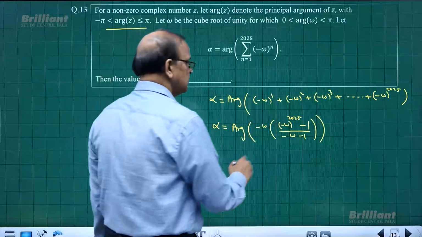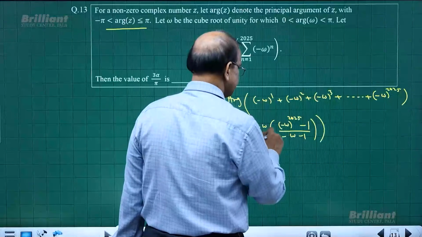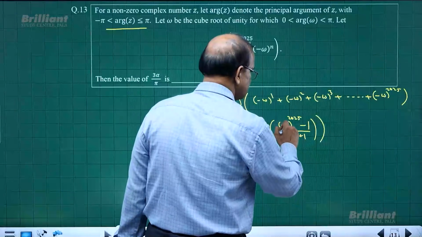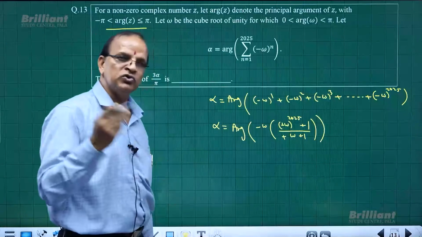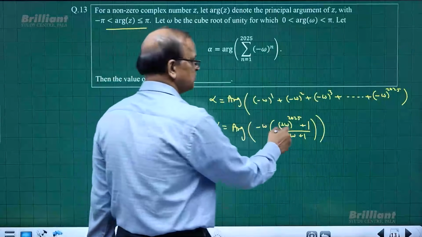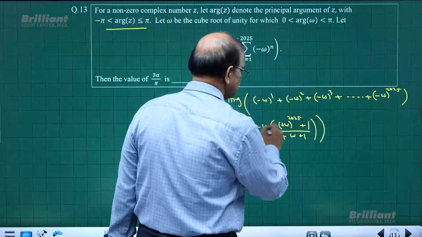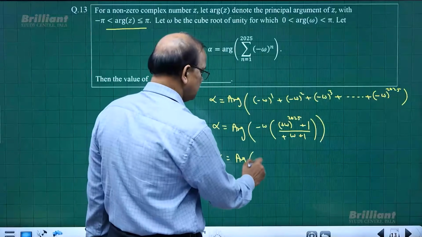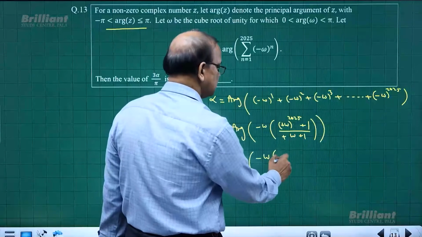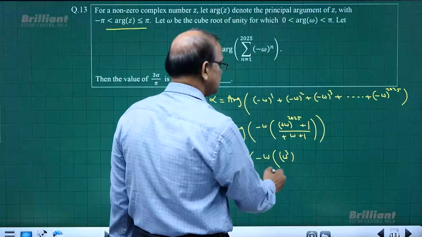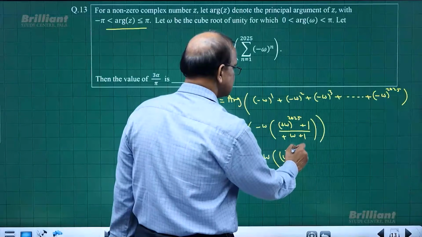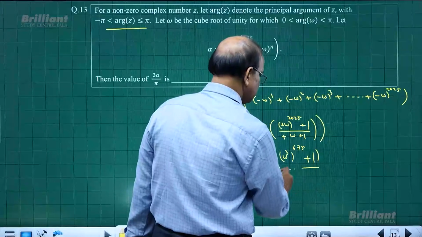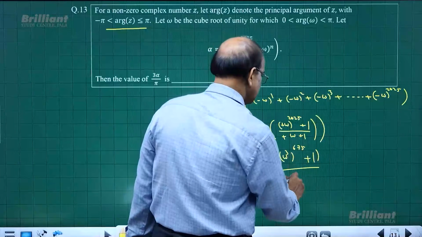The minus cancels, because 2025 is an odd order, and outside there is minus omega. So, argument of minus omega, this is omega cube power 675, that is 1, by 1 plus omega.